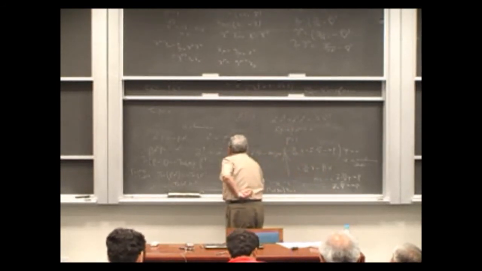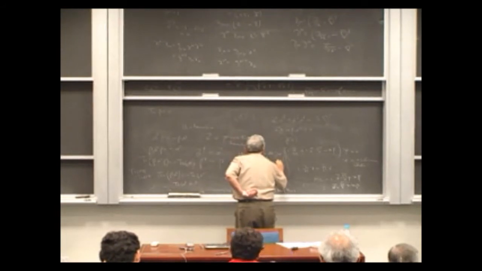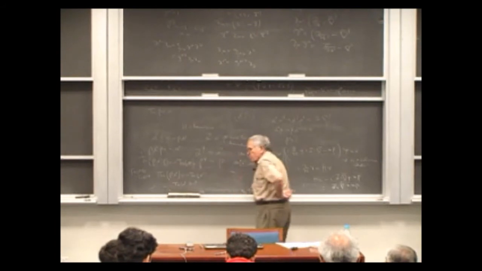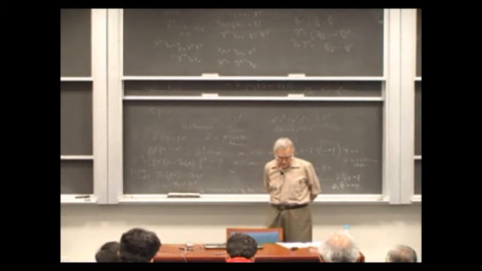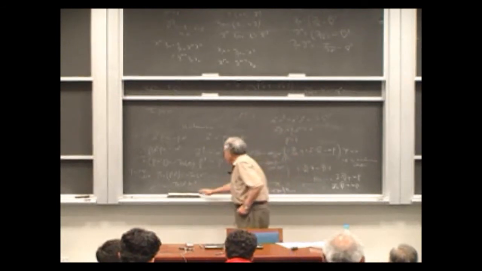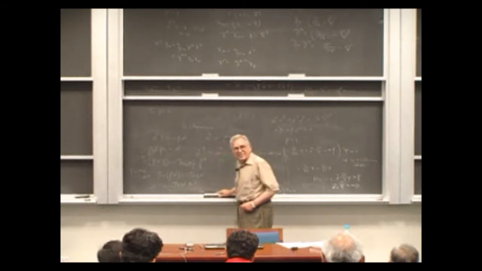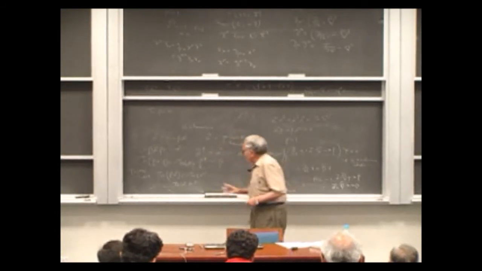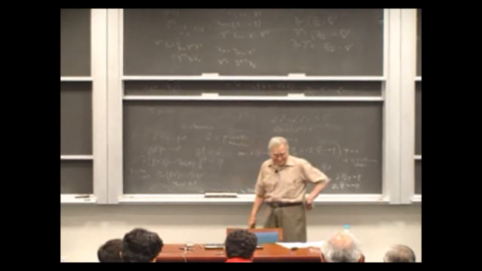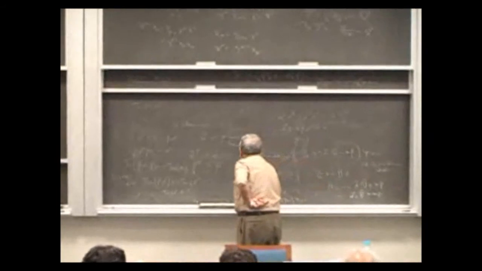Alpha i beta is minus beta alpha i, so this will be minus 1 raised to the power n.